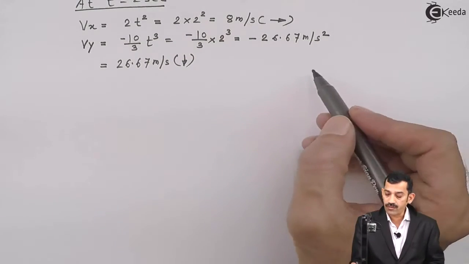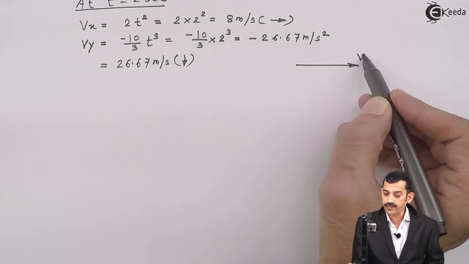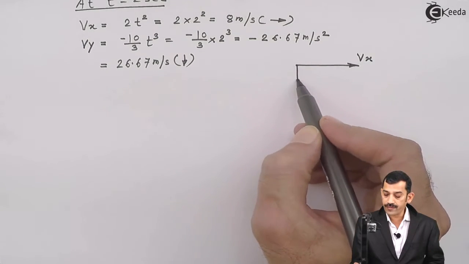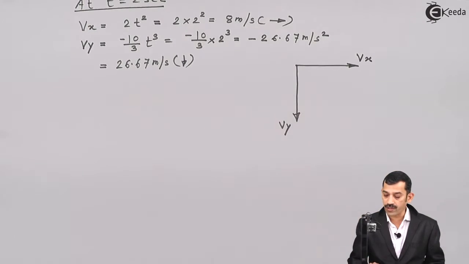Once you get Vx and Vy, if you want to find the resultant velocity, Vx is rightward and Vy is downward. Therefore, the resultant velocity you will get in the fourth quadrant.